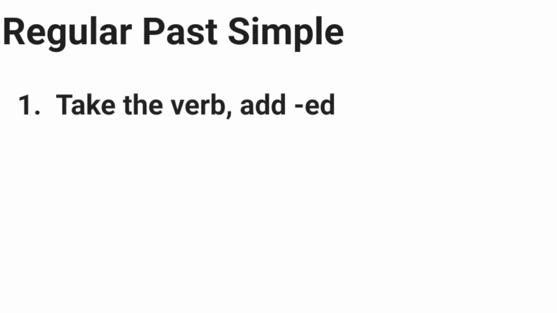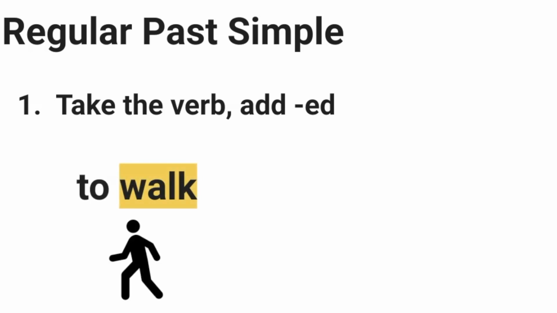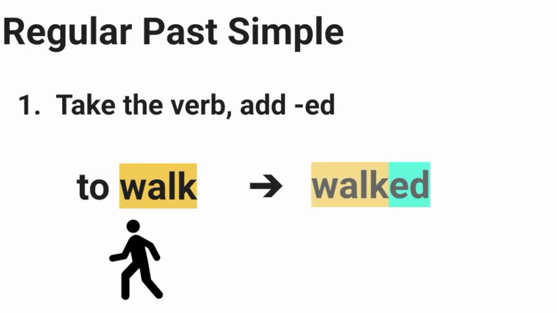Rule number 1. Take the verb and add ed. To walk. Walked. Walked is the past simple. It's an action that happened in the past. Add ed.